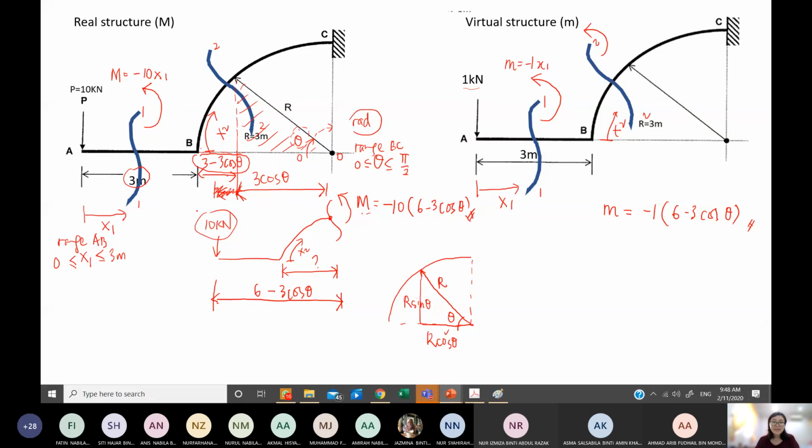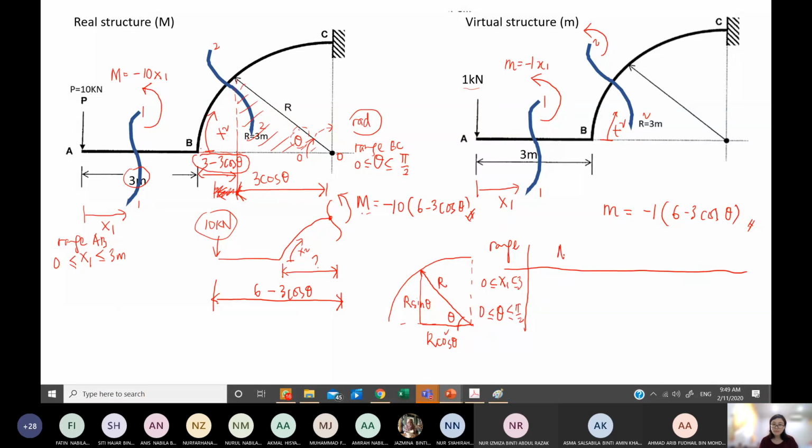I would like to put it in the table. Can you help me to put it in the table? Let's try quickly. For the range, I put x1 from 0 to 3. And then the other one is theta from 0 to pi over 2.